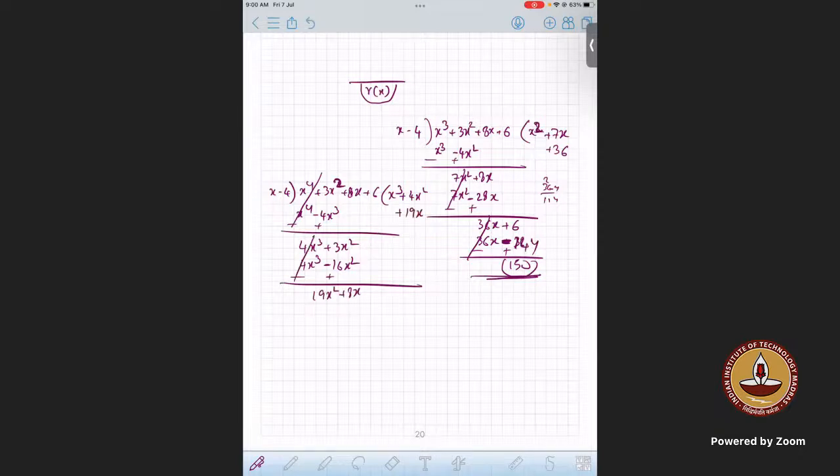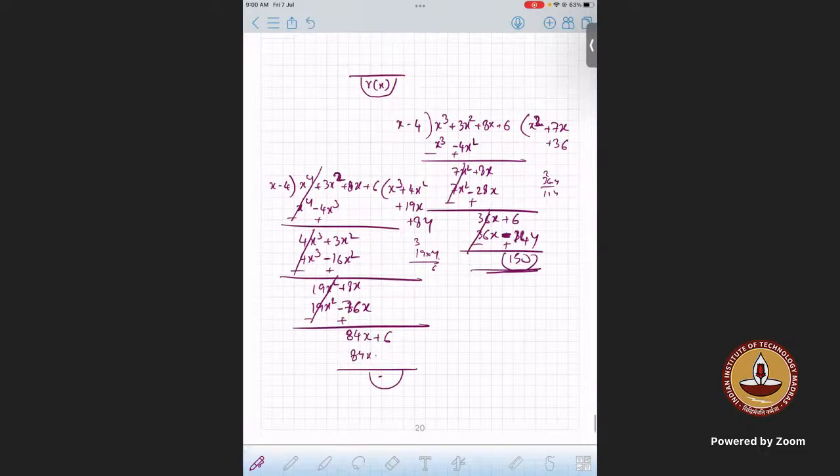Then 19x square minus 76x, giving 84x plus 6, then 84x minus 84 into 4. There will be some remainder.